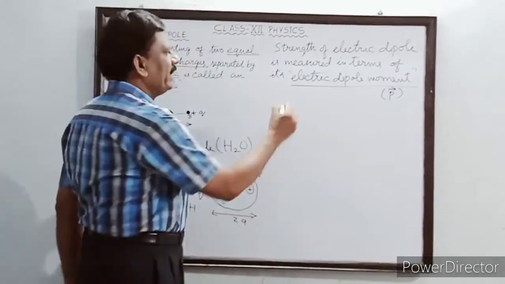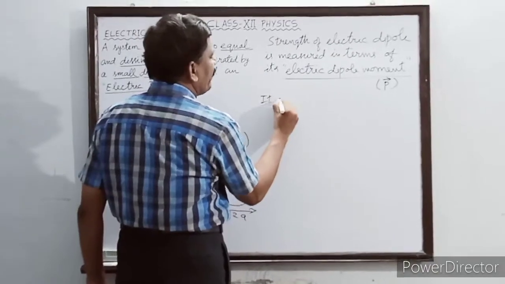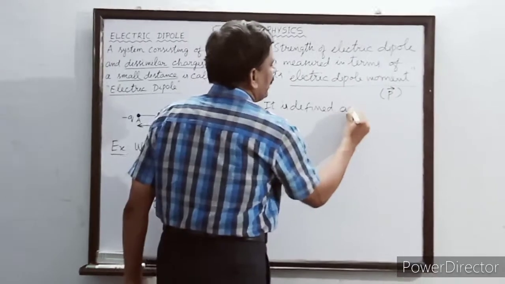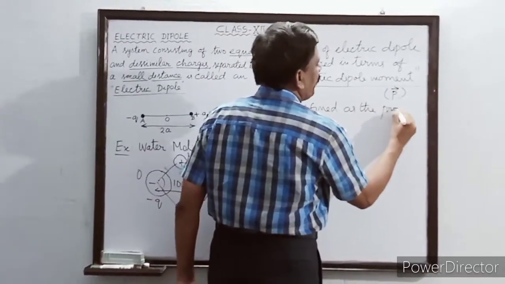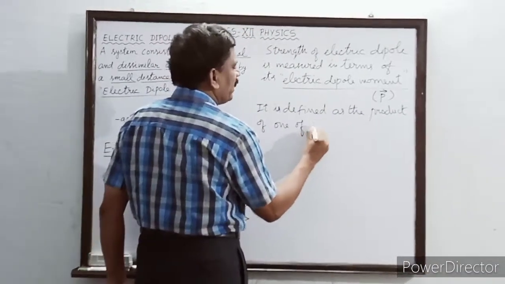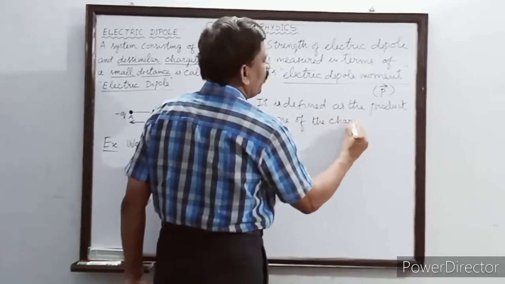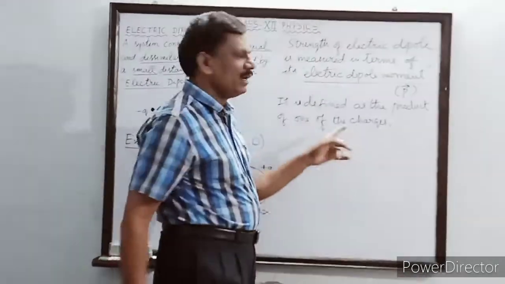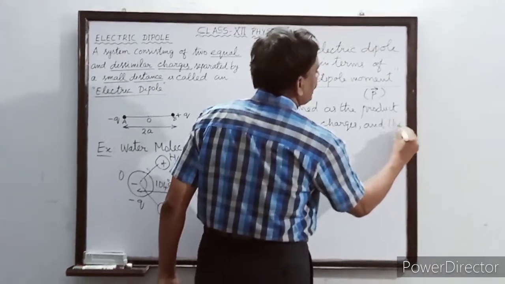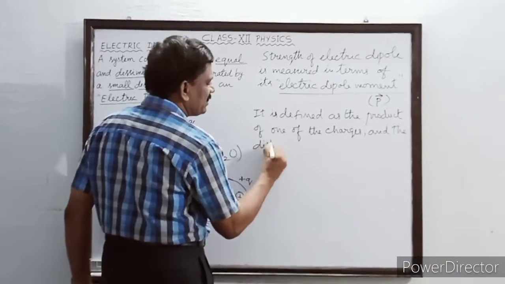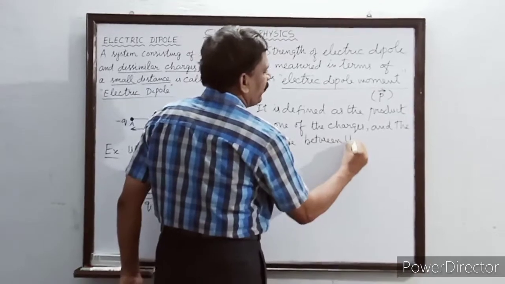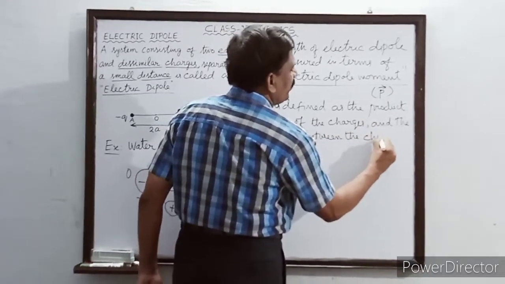The electric dipole moment is also defined as the product of one of the charges making the dipole and the distance between the charges. So this is the product of one of the charges and the distance between the charges only.